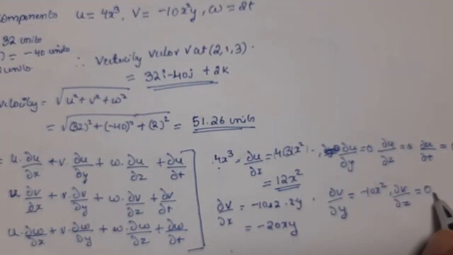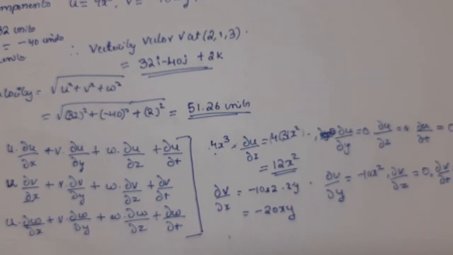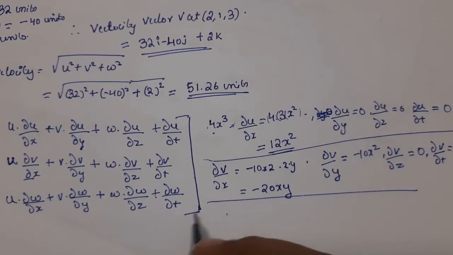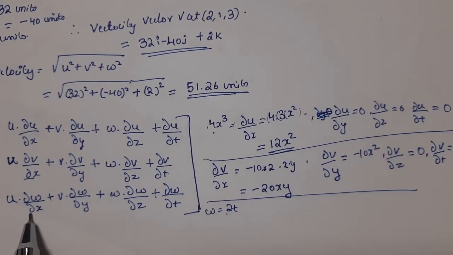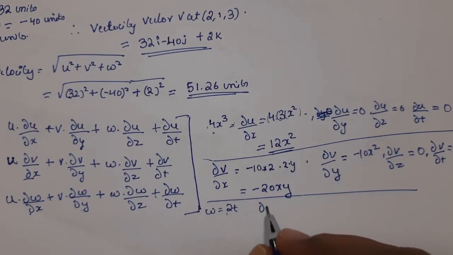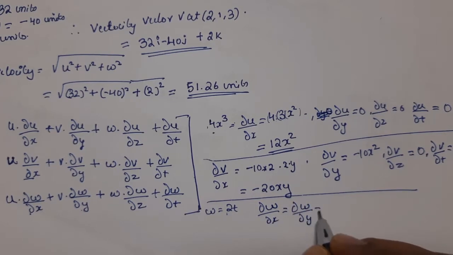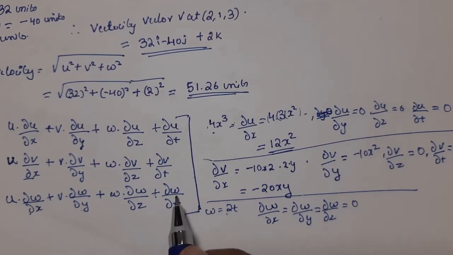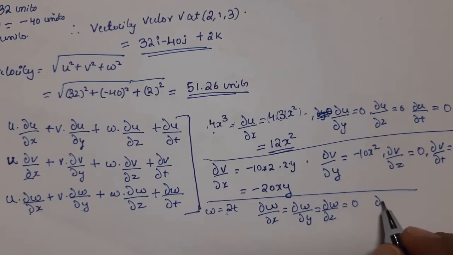And ∂v/∂t is also equal to 0. Now let us take the last component, w is equal to 2t. So ∂w/∂x, ∂w/∂y and ∂w/∂z: here there are no x, y, z components, so all these will be equal to 0, but ∂w/∂t will be 2.